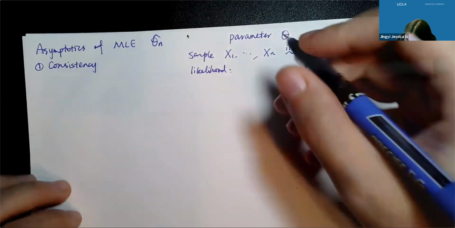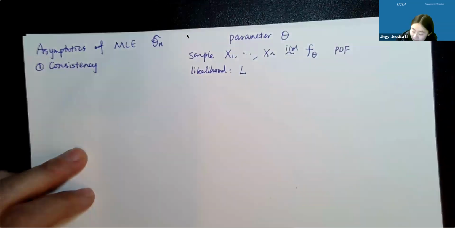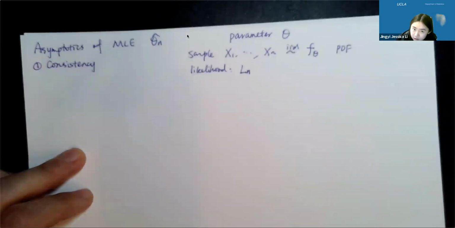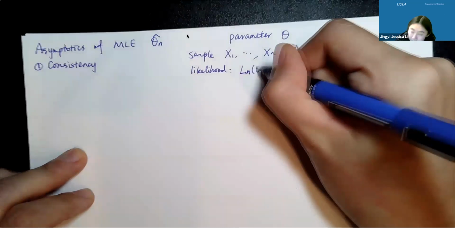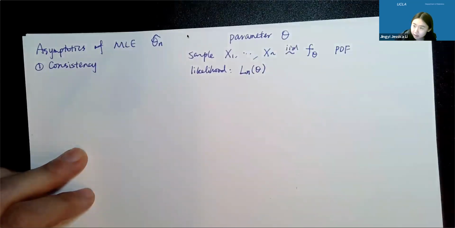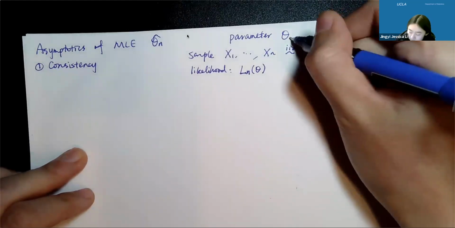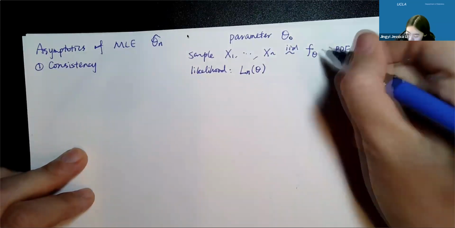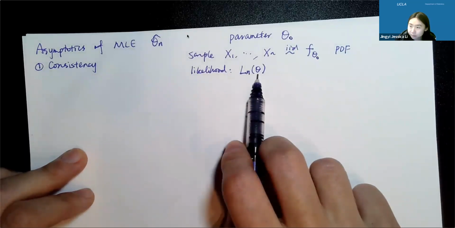For the likelihood function, we often use uppercase L, and here I would use the sample size as a subscript. We call that the likelihood of a parameter value theta. To distinguish it from the true parameter, I'll put a 0 here, theta naught, which means the true parameter value from which our data is generated, while this theta can be any possible value.